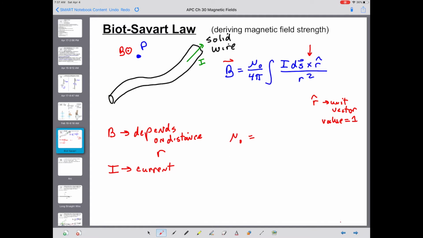Mu naught is the permeability of free space. Now, what in the heck does that mean? Well, we had the permittivity of free space with electric fields, and that gave us an indication of the ability to set up an electric field in a vacuum, or it could be modified, like with the dielectric constant, for different substances.